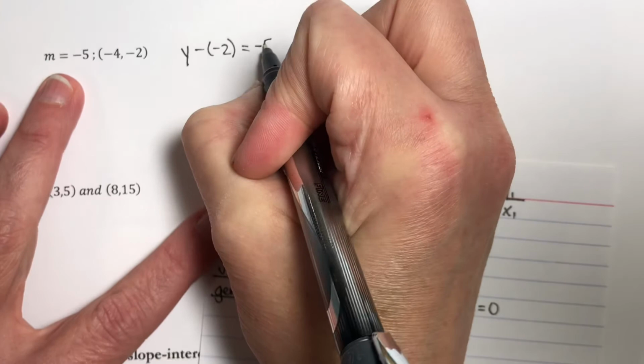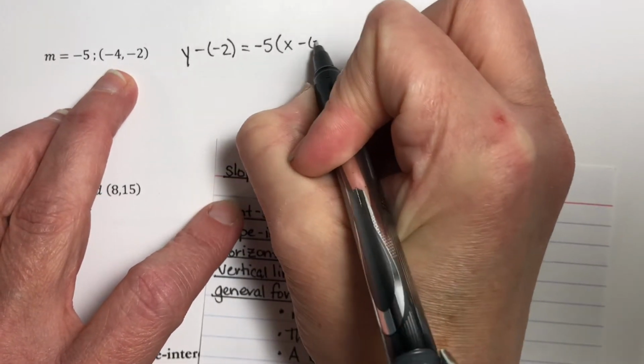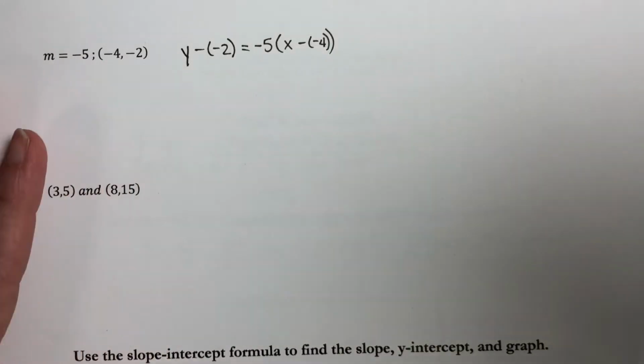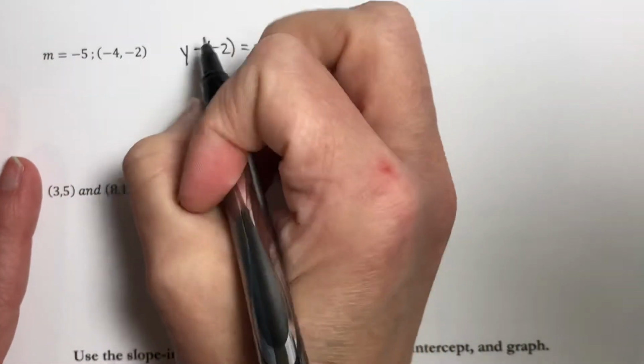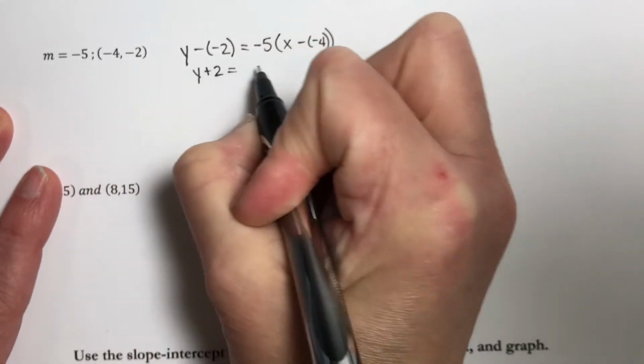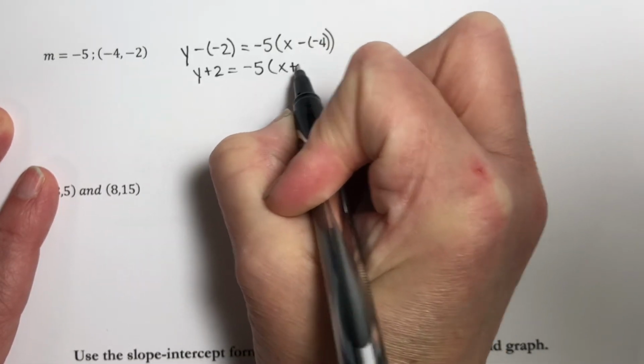So -5 times x minus our x1 is -4. You want to be really, really careful with your signs. Y minus -2 is y plus 2. And this is equal to -5 times, that's going to be x plus 4.